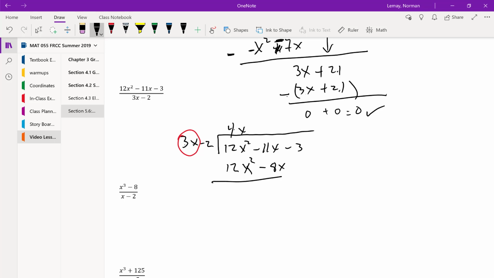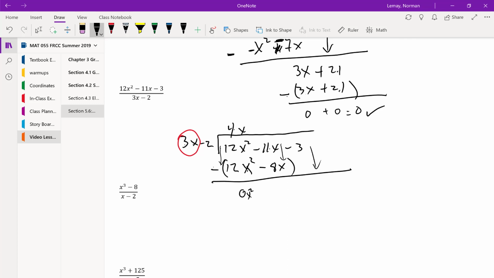Okay, so again, we have to subtract. And again, I'll just do it this way for you guys. So again, we ask 12x squared minus 12x squared. So remember, when we do this, we go straight down, straight down, straight down. So 12x squared minus 12x squared is 0x squared. I'll just write that down.